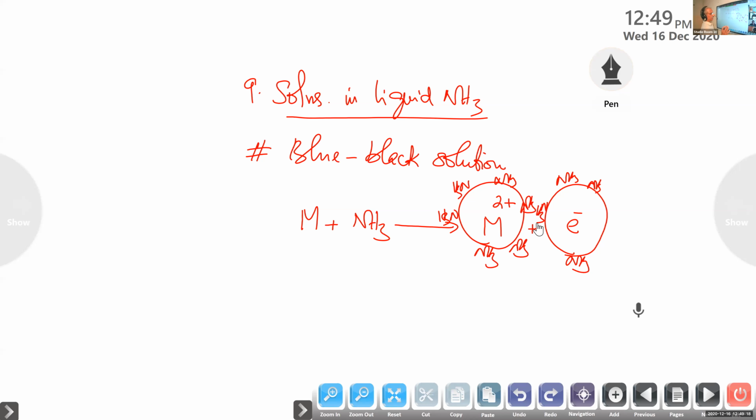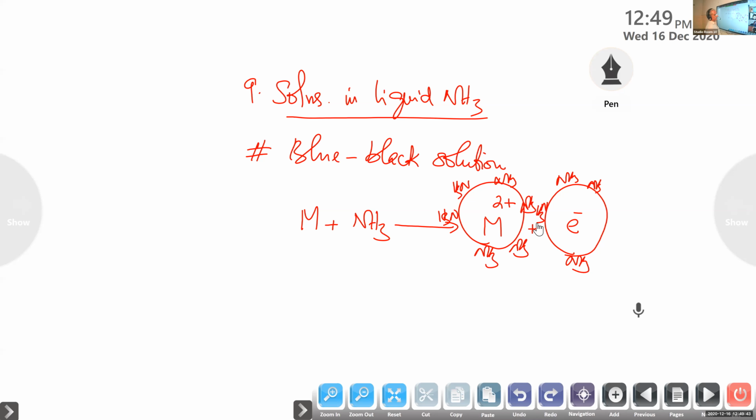As we have seen in the case of alkali metals, here also there will be ammoniated electrons. These ammoniated electrons are responsible for the production of the color, that is a blue-black color.